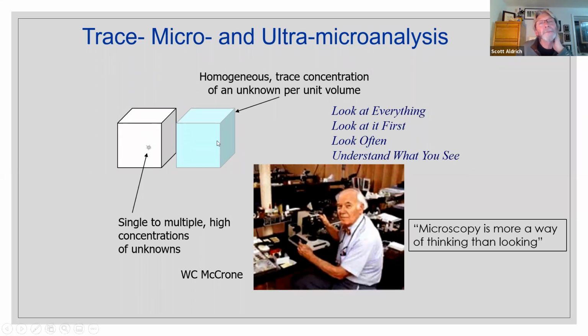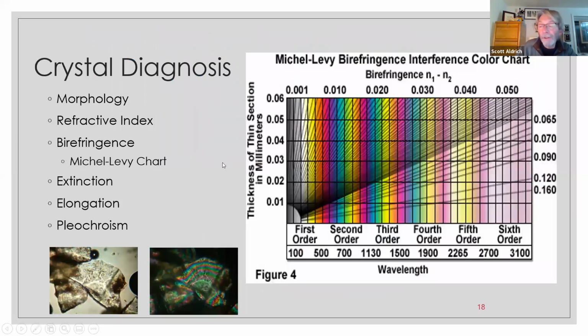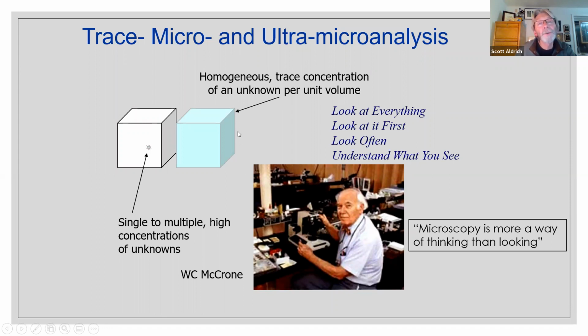So in other words, for a homogeneous trace concentration of something, let's say looking for PCBs in groundwater or PFAS or something like that, the analyte or the material you're seeking is assumed to be homogeneous within the unit of the sample that you have in front of you. And so you can quantify the material according to the unit volume that you're examining.